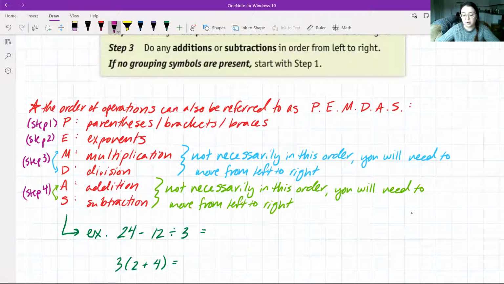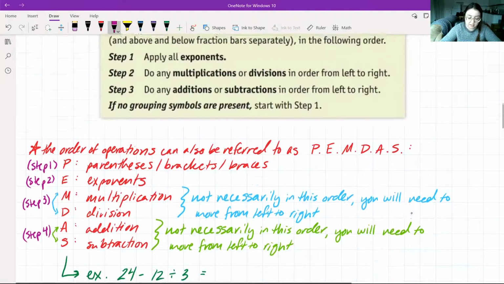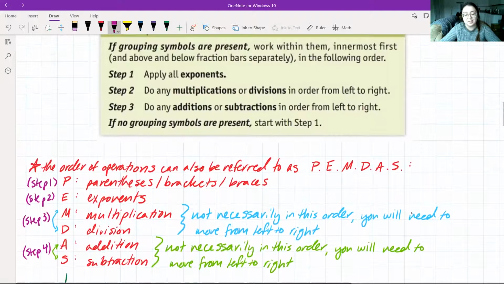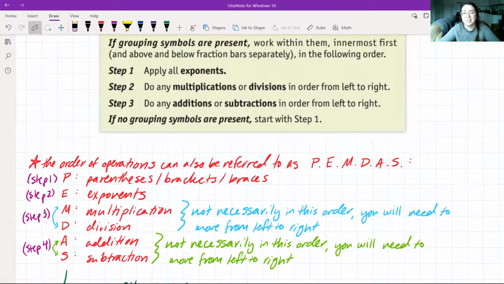You want to work from left to right. Same goes with addition and subtraction. You don't have to add before subtracting. You just want to move left to right. This is technically in 4 steps, since our grouping symbols are not entirely considered a step. So I guess we could call this step A, and then go from there.